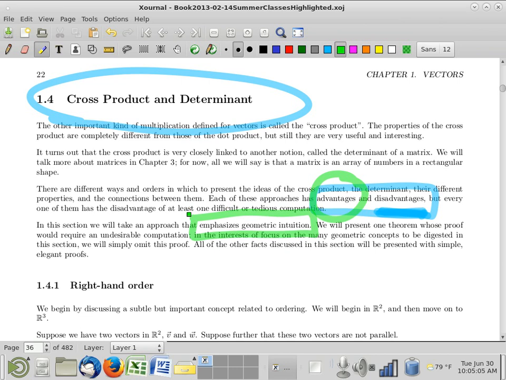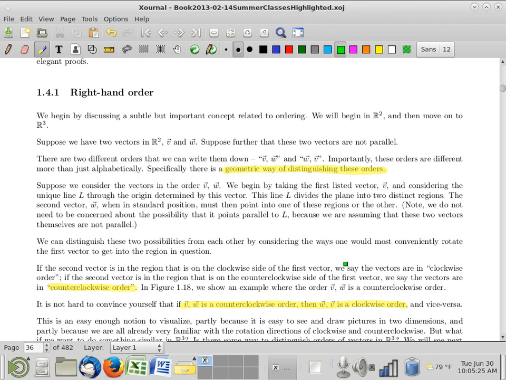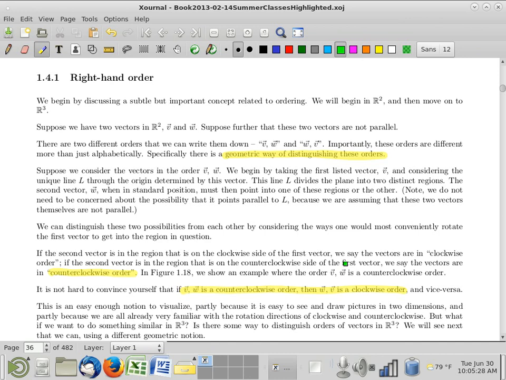I think that's a huge plus, and that's why I do it this way. So, pros and cons. If you pick up a different textbook, or if you Google it and see what the Wikipedia page for cross product says, it's liable to introduce the ideas in a different order, and there are many different orders to introduce these topics.